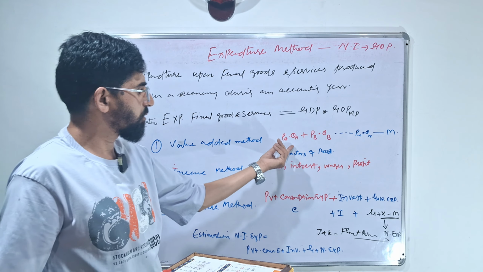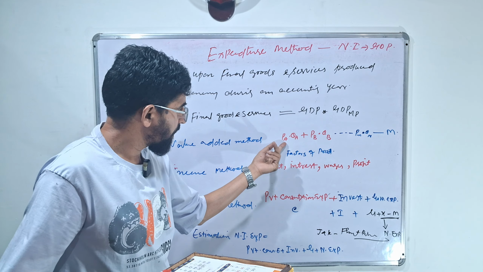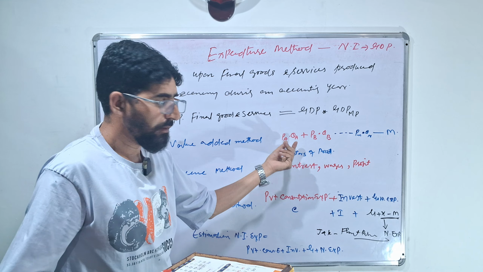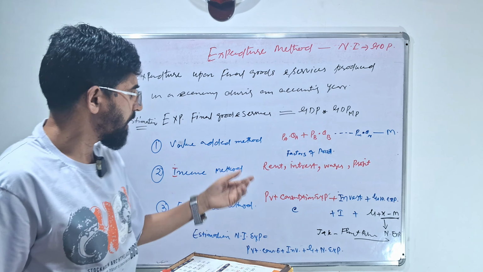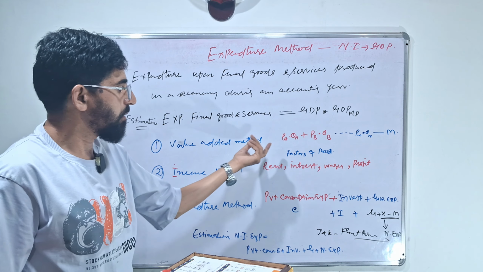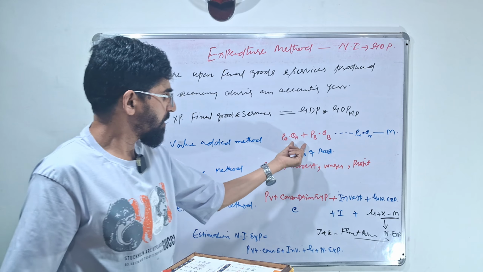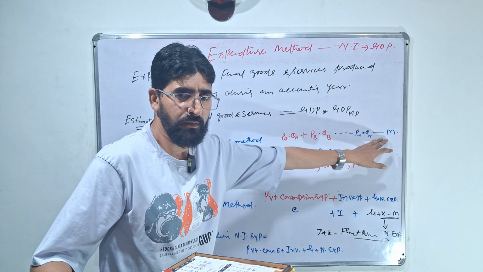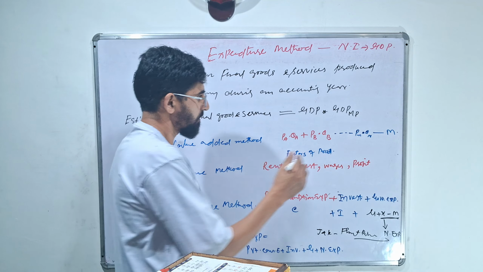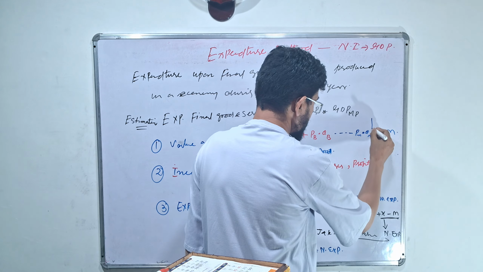These are utilized in order to produce goods and services. Price of A multiplied by quantity of A becomes the value of one good. Second good, so continuously, as we write in the value added method, it is the market value of final goods and services. When you sum up, definitely we will get market value. As we deduct imports, up to here is the domestic territory.